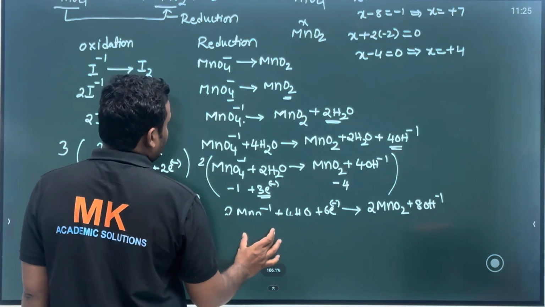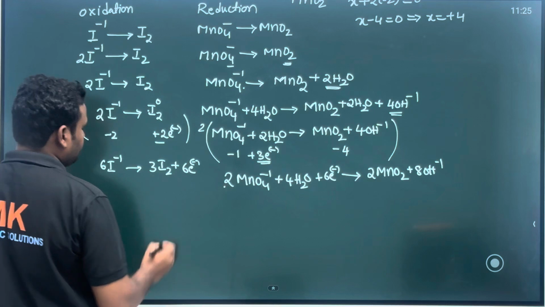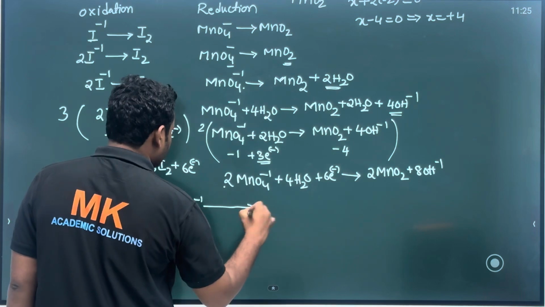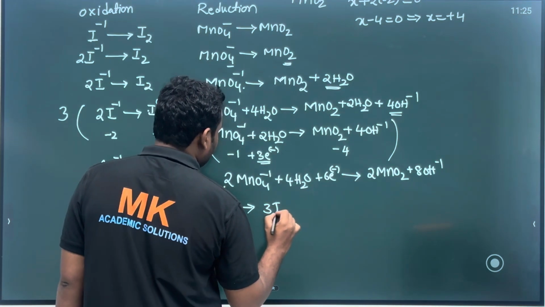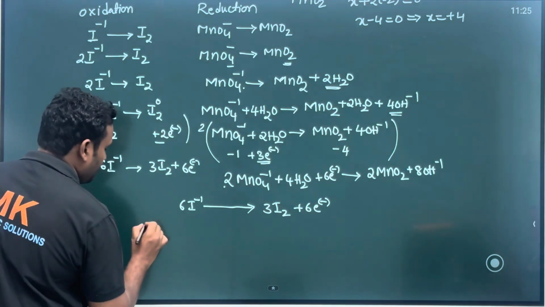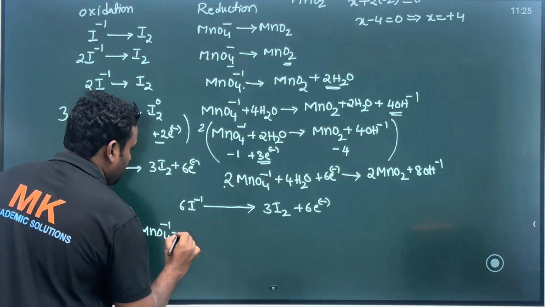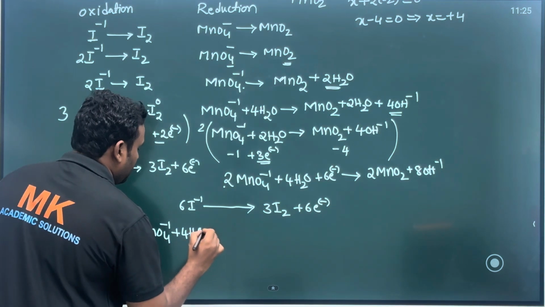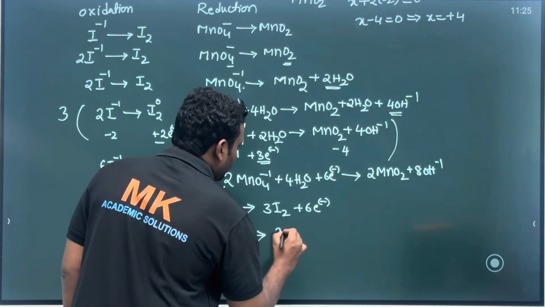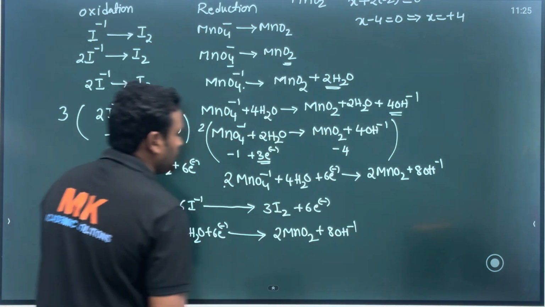So when you add, 6I minus gives rise to 3I2 plus 6 electrons, and 2MnO4 minus plus 4H2O plus 6 electrons gives rise to 2MnO2 plus 8OH minus.